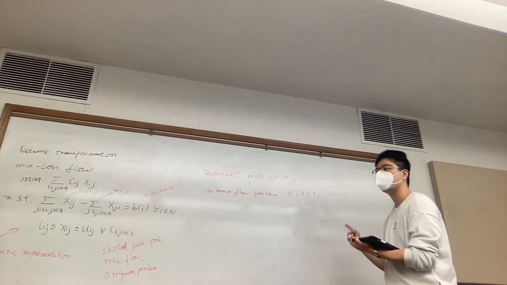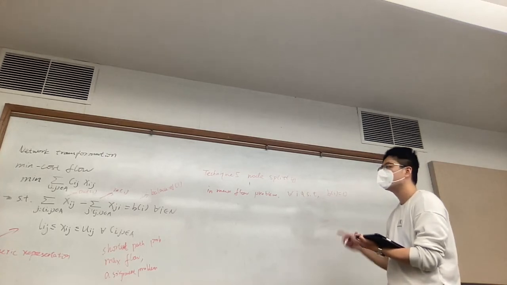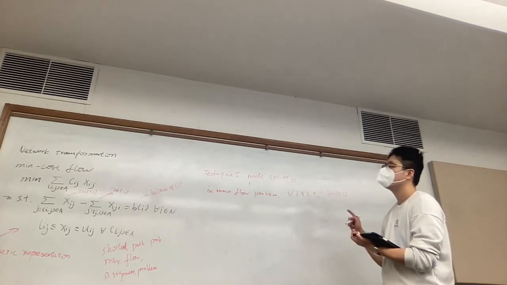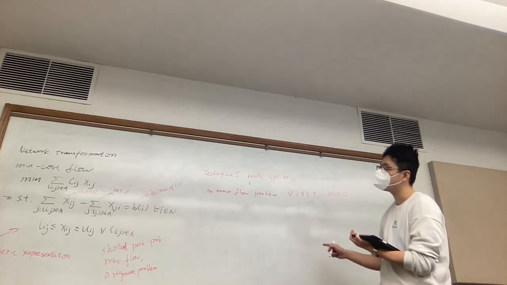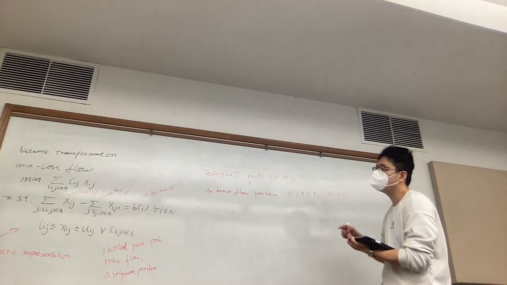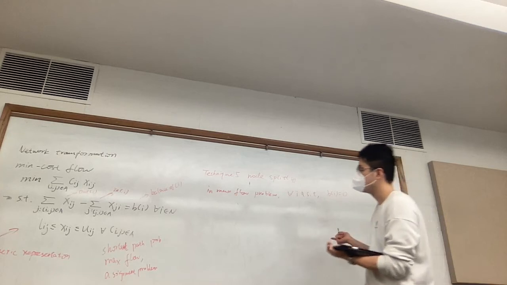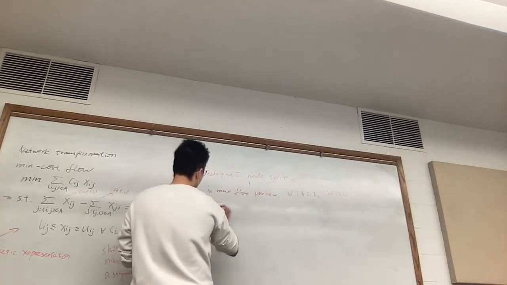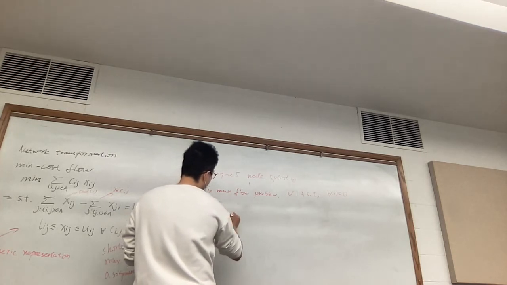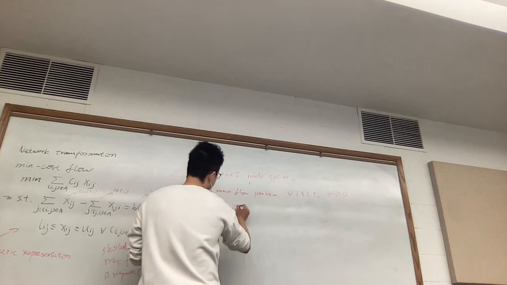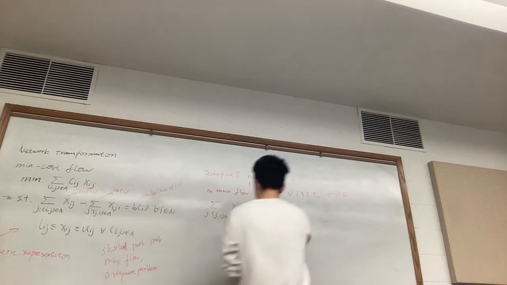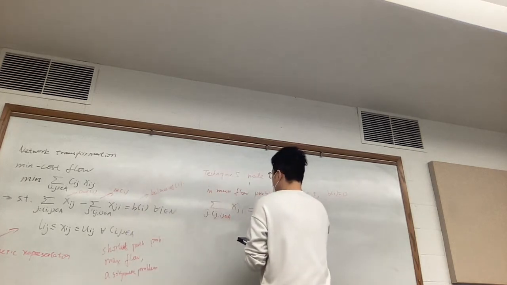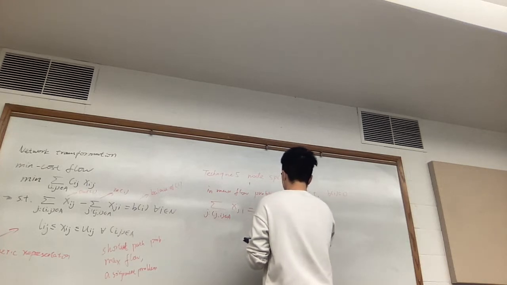Then suppose I add one more constraint: the flow that comes to i should be below some threshold. We know that bi equals 0, that is, for any j such that (j,i) is in the arc set, the sum of xji equals the sum of xij over all j such that (i,j) is in the arc set.